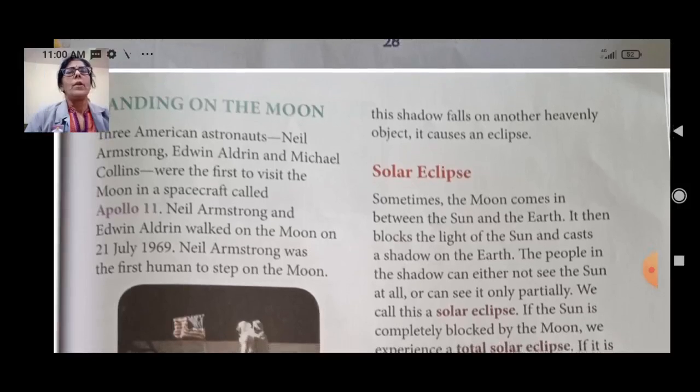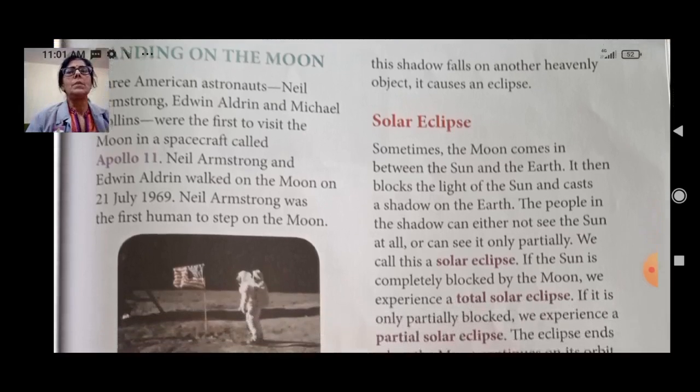When this shadow falls on another heavenly object, it causes an eclipse. There are two types of eclipse, solar eclipse and lunar eclipse.